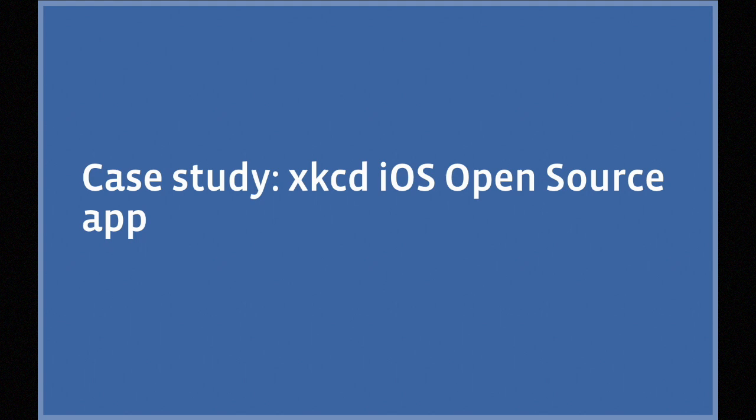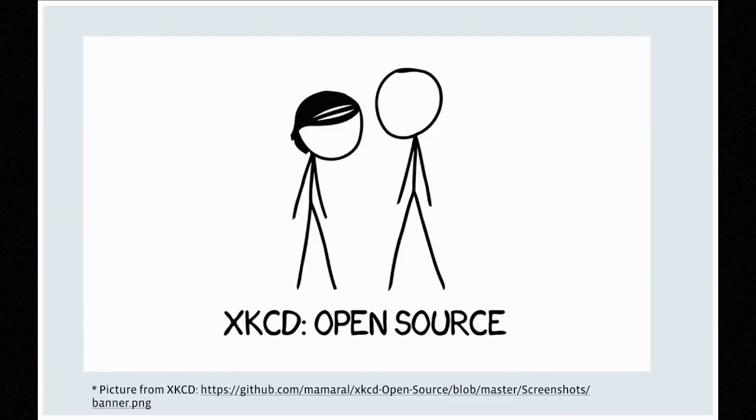And so just to give you a bit more concrete examples of times and bugs found, because I cannot use Facebook code, I thought I would show you a case study of a real iOS app that is open source, which is of this xkcd comics you probably have seen.